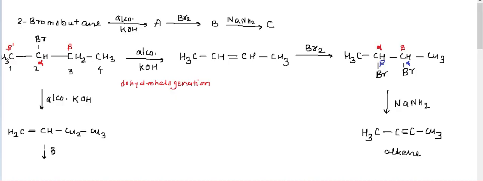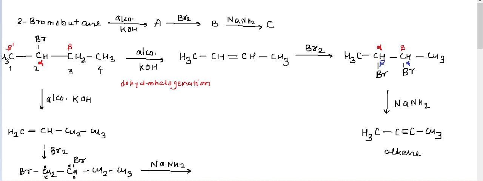Now let's add Br2 to this. If we add Br2, we get BrCH2, then CHBr, then CH2 and CH3. And if we treat this with NaNH2, again this is the alpha carbon and this is beta. Again, if we consider this bromine, this is alpha carbon and this is beta.